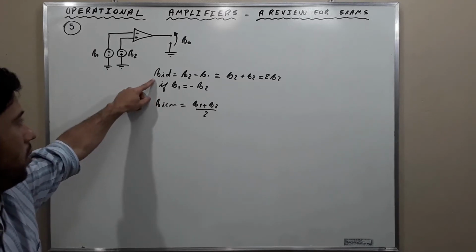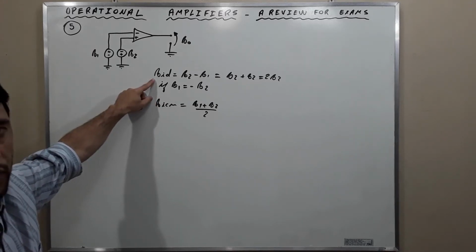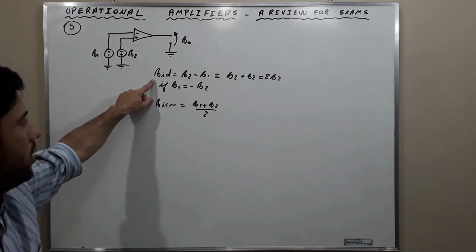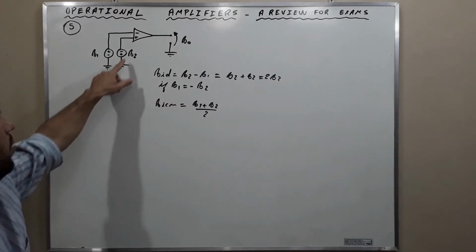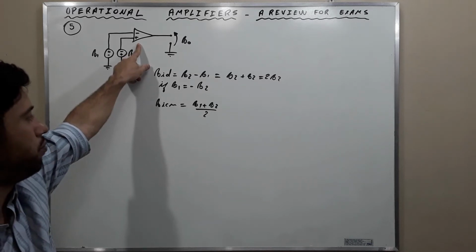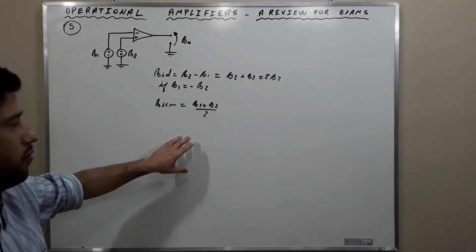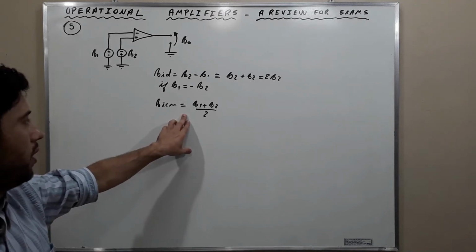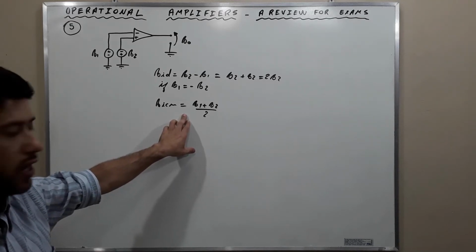Ideally, operational amplifiers only amplify the difference between the signals applied at the input terminals, but real amplifiers also have common mode voltage amplification, okay?